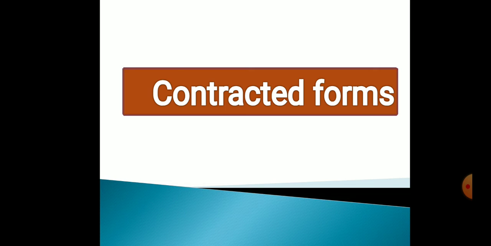Sometimes we use short forms in sentences. For example, he is, he's; is not, isn't; are not, aren't. These examples are about contracted forms.